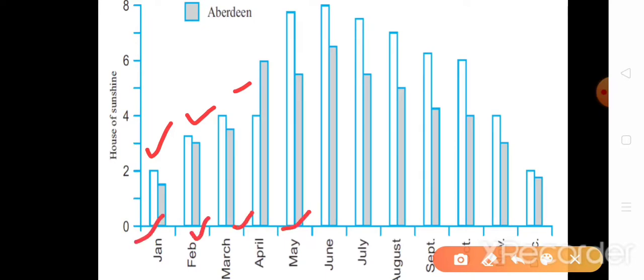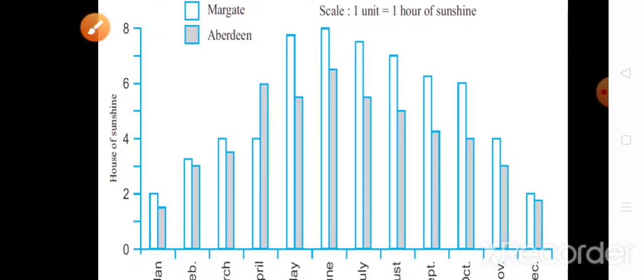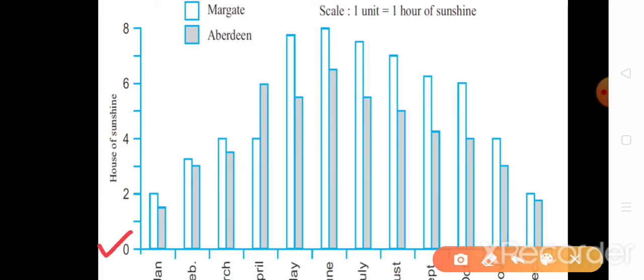Okay, so the white bar represents the hours for Margate, while the gray bar represents the hours for Aberdeen. And if you have noticed, 0 is present right at the point of intersection of the x and y axes, followed by 2, 4, 6 and 8, which are the number of hours, and they have also been placed in equal gaps.